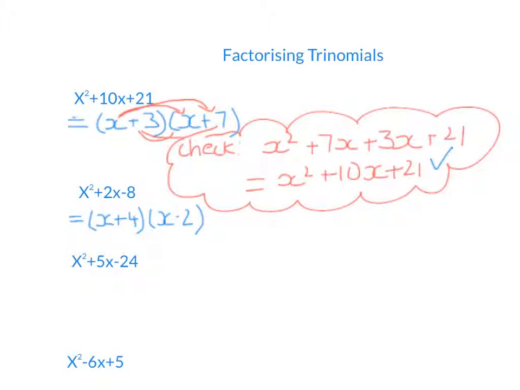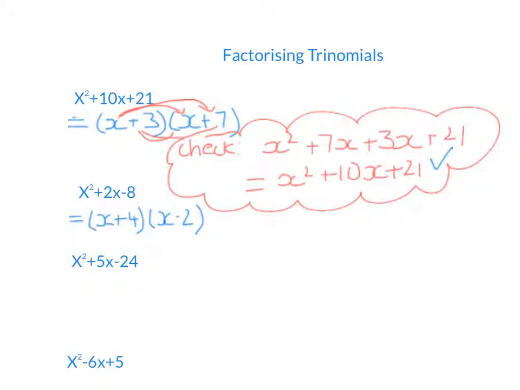Okay, example number 3. I need numbers which will multiply to give me negative 24 and add to give me 5. 24 has the factors 1 and 24, 2 and 12, I can't make 5 out of that, 3 and 8. I could make 5 out of that if I did 8 take away 3.